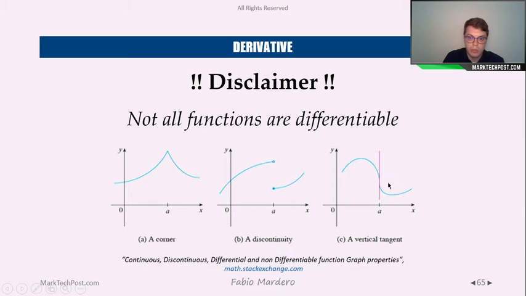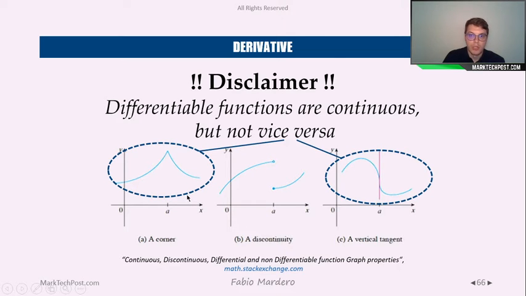Here we cannot compute the limit. So differentiable functions are continuous, but not vice versa. The left picture and the right picture are continuous functions, but we've seen that these are not differentiable functions. So a differentiable function is guaranteed to be continuous, but not vice versa.